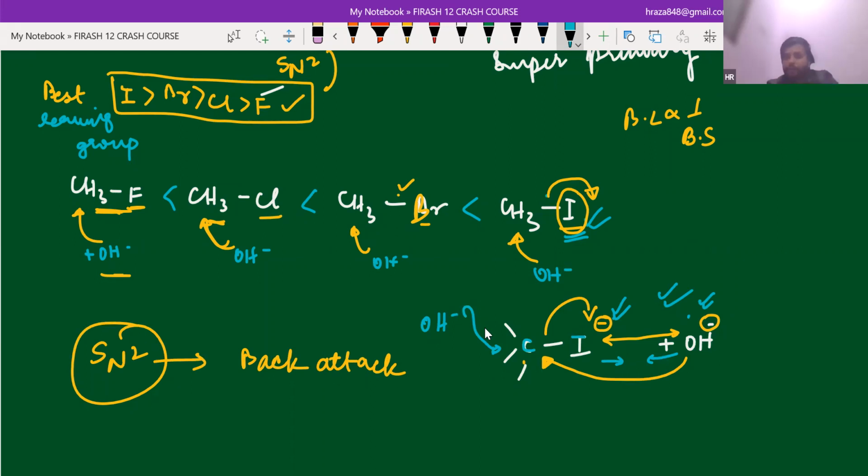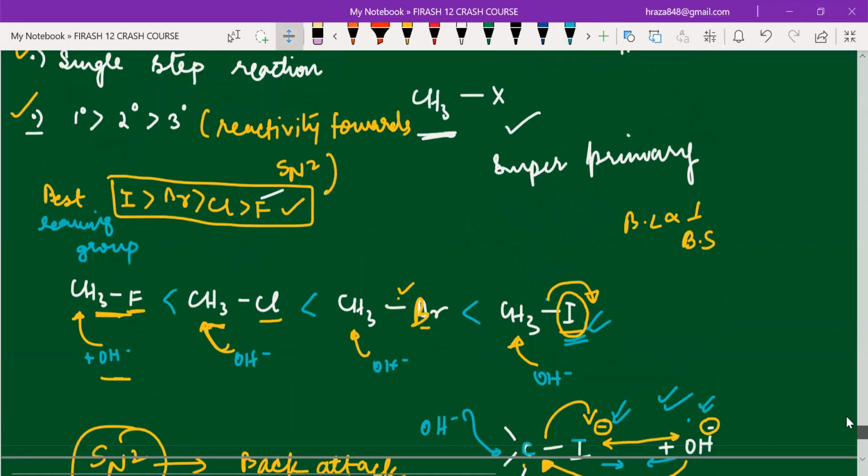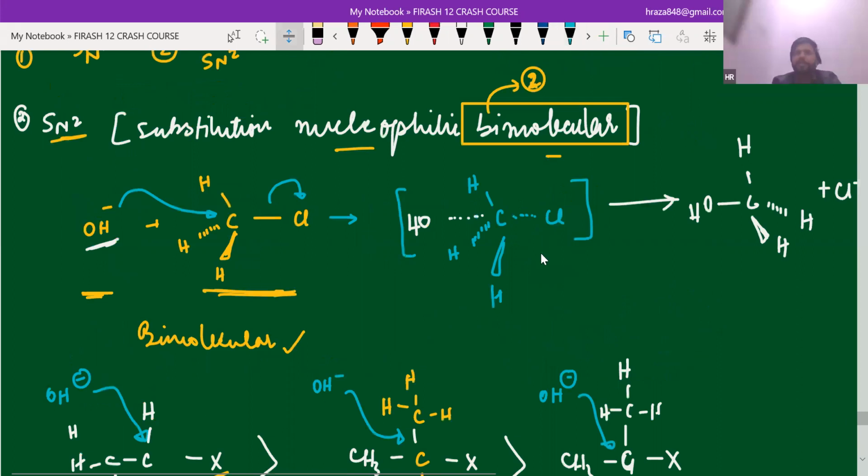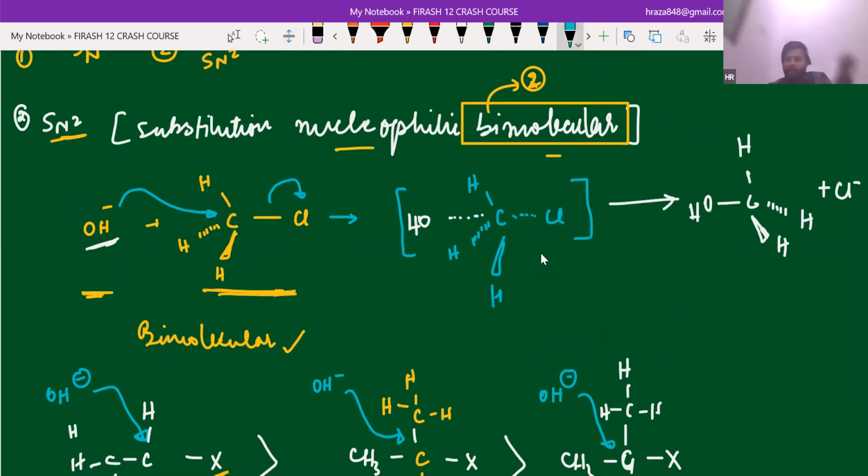Do you know what inversion is? It's very simple. Inversion is whatever configuration is in the reactant, that will be totally inverted, that means totally opposite in the product. As you can see, Cl is on the plane. This is the configuration. You can see this is dashed and this is wedge.